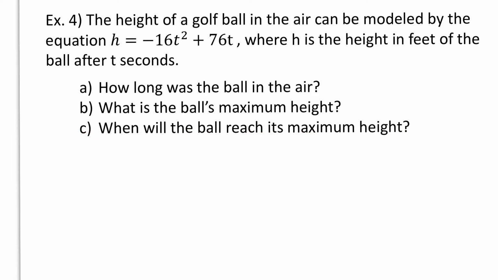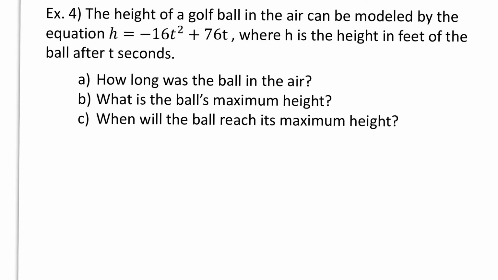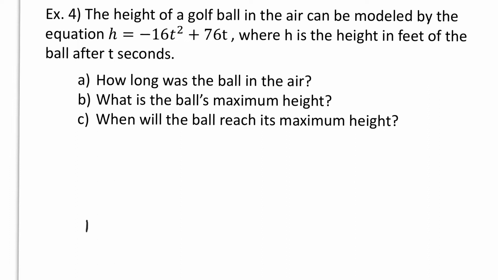Okay, so just to give you an idea what this means, I'm going to draw a pretty bad drawing here. When you look at a golf ball, you know that that's on the ground. So let's say that's your golf ball right here, and your ground is right here. The golf ball, before it's hit, is on top of a tee.